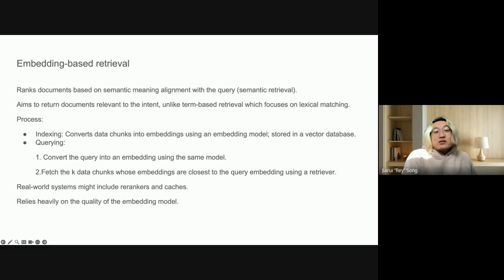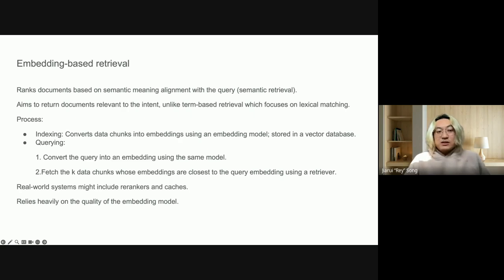And then we can talk about embedding-based retrieval, which is apparently more popular right now in all the RAG solutions. In embedding-based retrieval, we rank documents based on semantic meaning alignment with the query. So this is called semantic retrieval. We aim to return documents relevant to the intent, unlike term-based retrieval, which focuses on lexical matching.